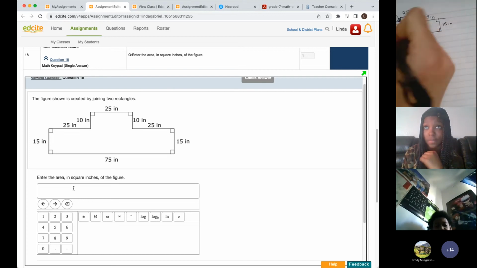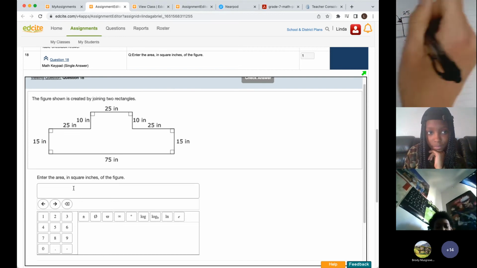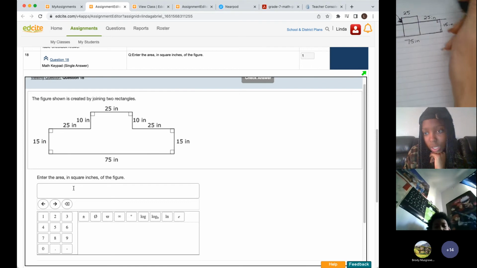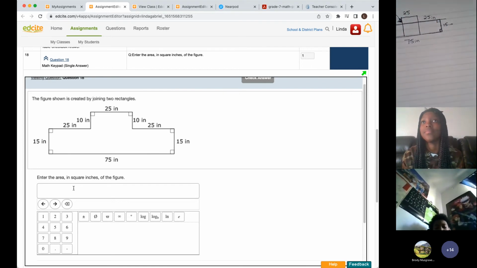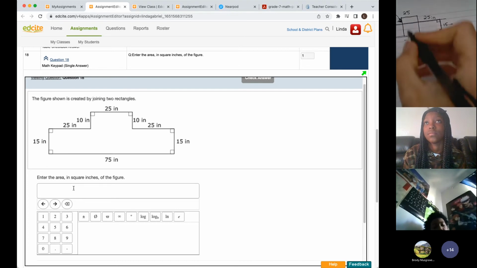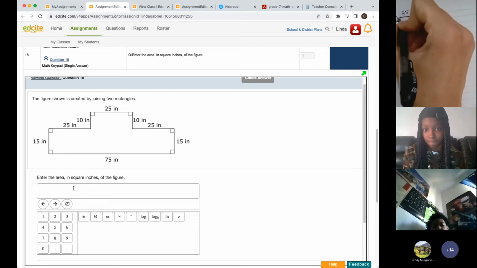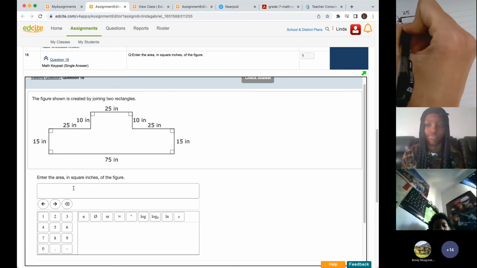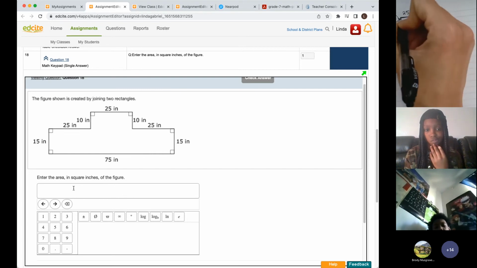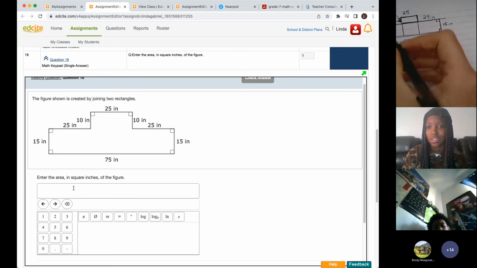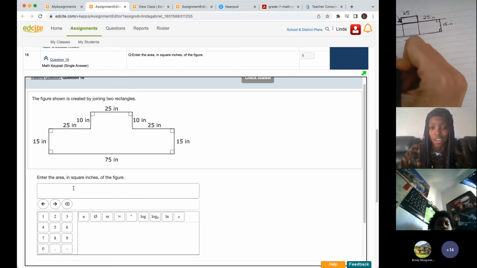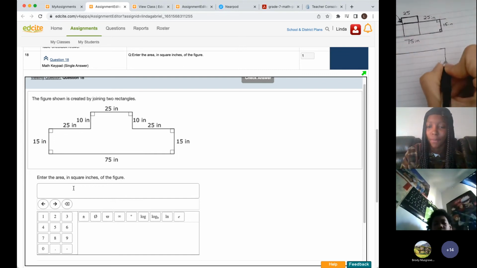All right, so how do we do this, right? We know that we are going to have to figure out the area of two different rectangles. To make this easier on myself, I'm going to take the area of my longer rectangle.